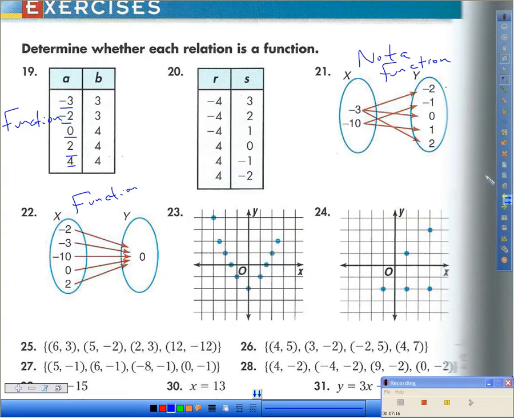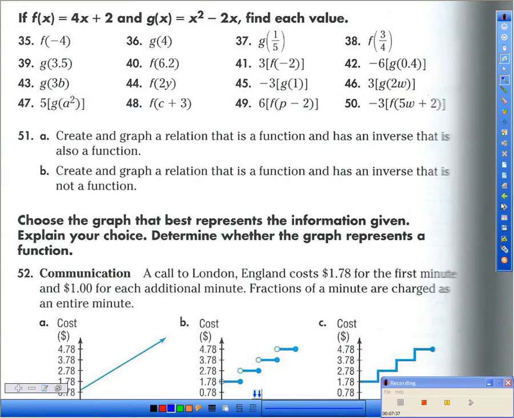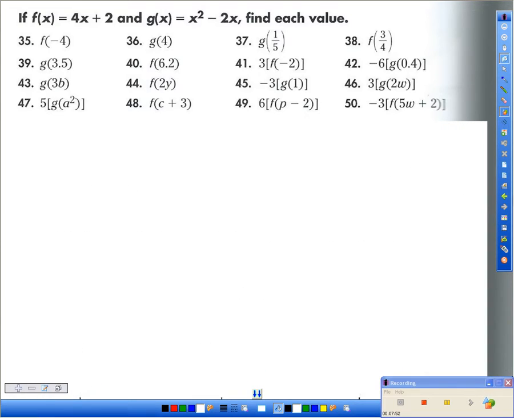The next section down, 35 to 42, what we're doing is similar to what we did on the bottom of the last page. It gives us 2 functions, function f and function g. What we need to do is evaluate that function for the values that it gives us in these problems. So looking at 35, it wants to know what f of negative 4 is.